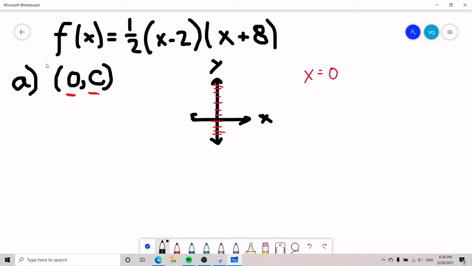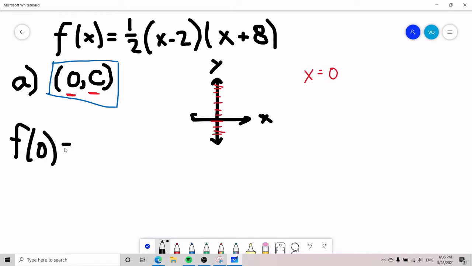So the first way to do this is just to plug in 0, comma c in my function and find the value of c. So if I do that here, plug in 0 for x, I get 1/2 times 0 minus 2 times 0 plus 8.